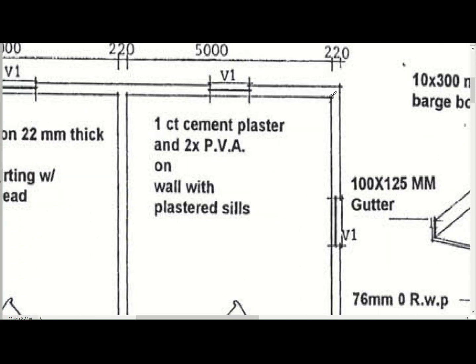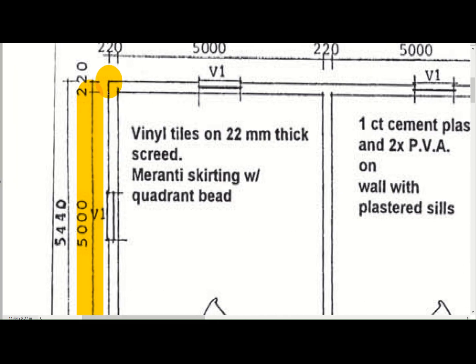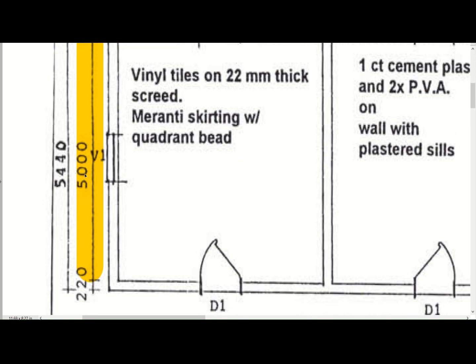So your 220 wall already includes that little section from there to there. So your next dimension will be excluding that little 220 wall that's over there. Okay, so that's your length, and that's why the 5 meters is used and not the 5.44.